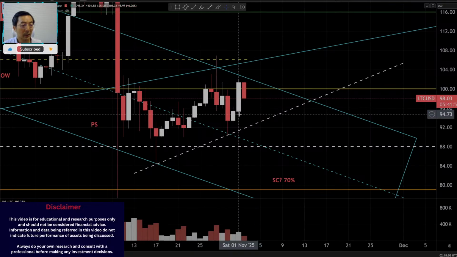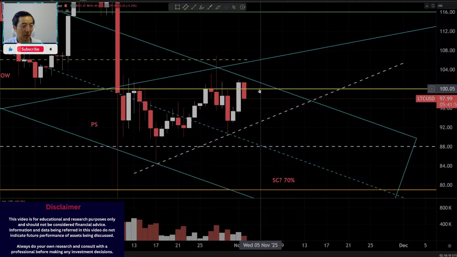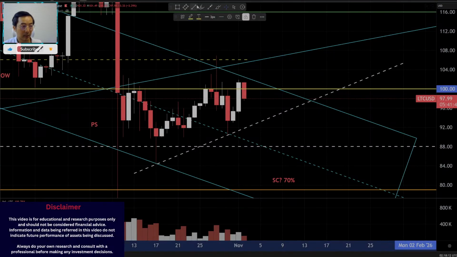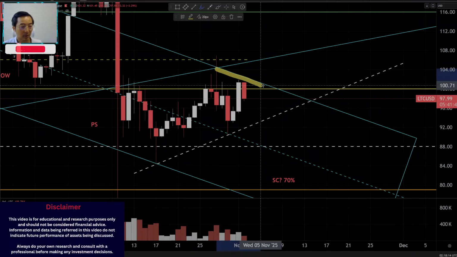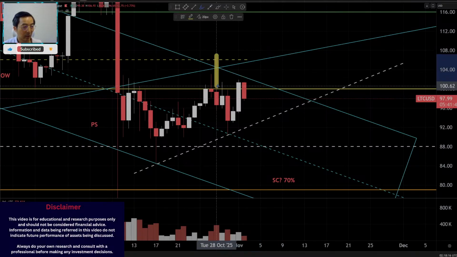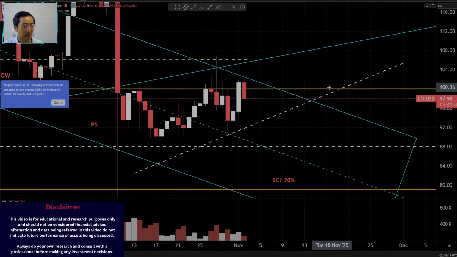And only yesterday it was successful in closing above the yellow, but still below the ceiling of this downward channel box.